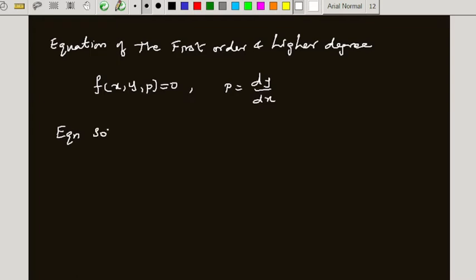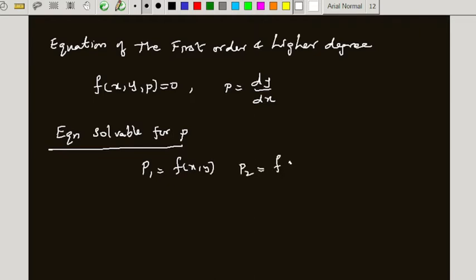Equation solvable for p means we have an equation of the form f(x, y, p) = 0. Then we can write it as p1 = f1(x, y), p2 = f2(x, y).